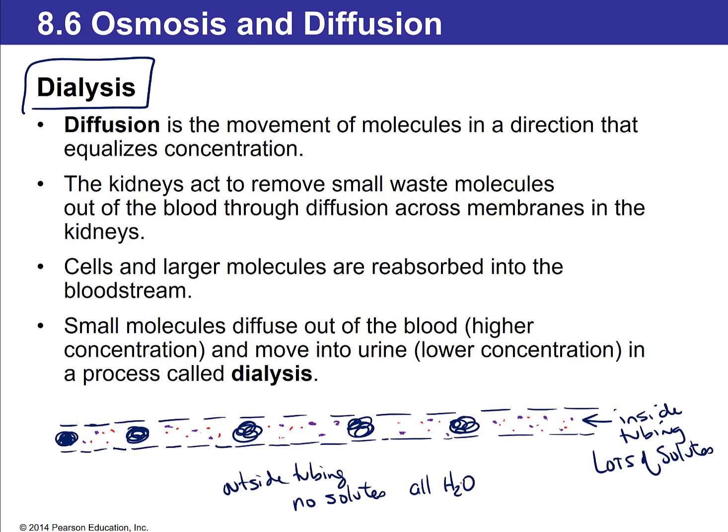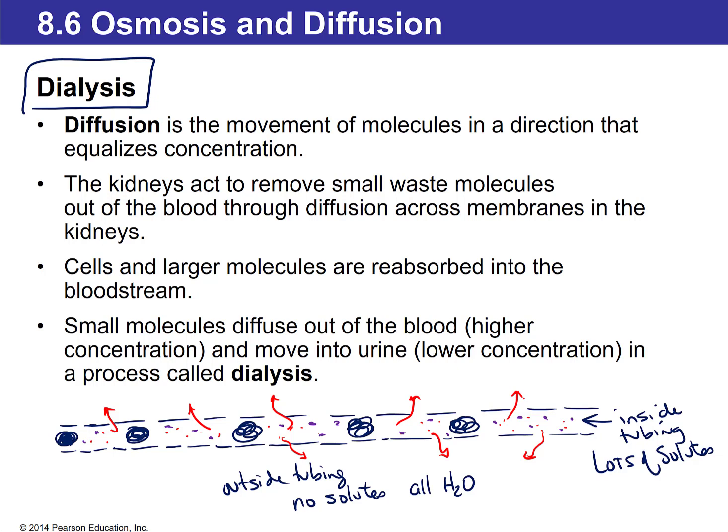So we tested for salt, for glucose, and for starch. Those inside of the tubing, that's high concentration. If they were small enough, what did they do? Yeah, they could diffuse. So they could move. These little itty bitty molecules, like the little teeny tiny red ones, they diffused out. That's the salt. Diffuse from high concentration to low concentration.